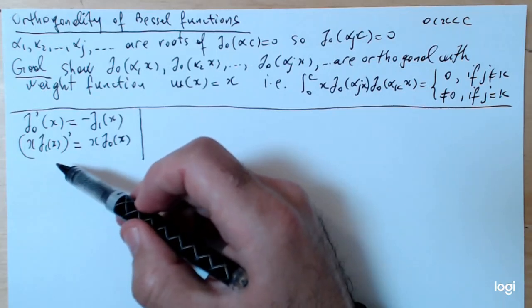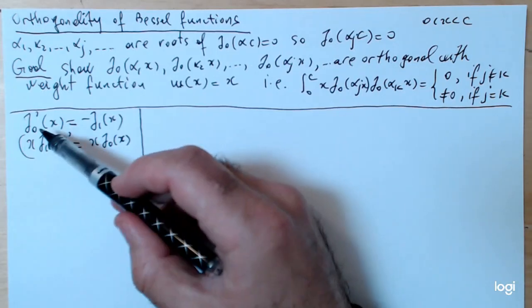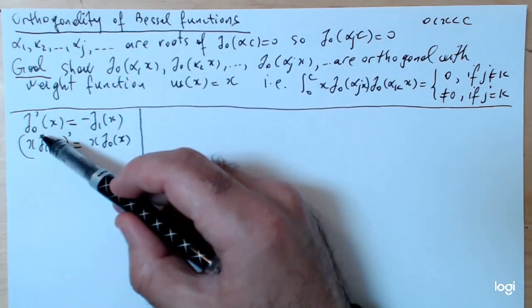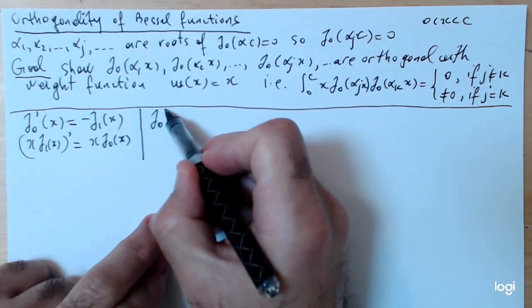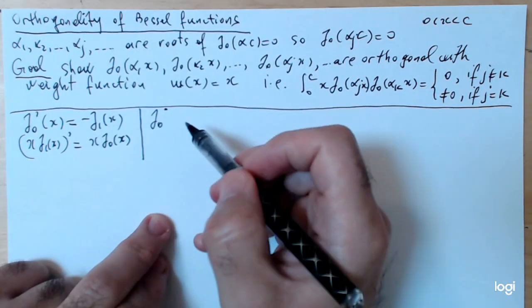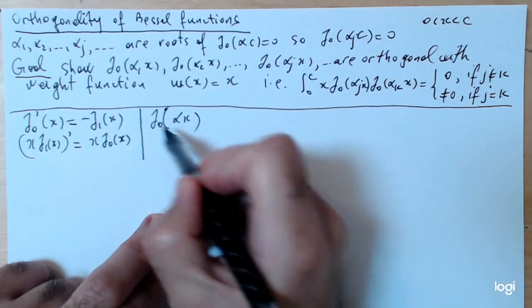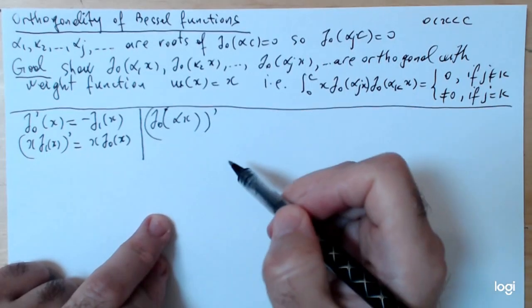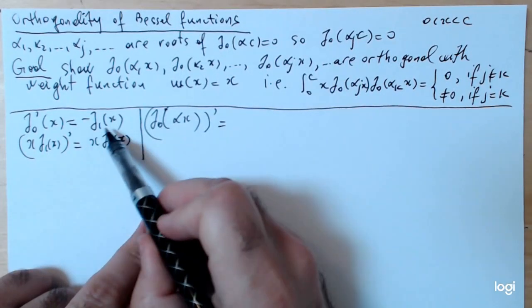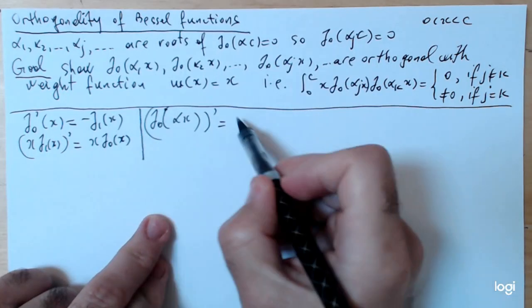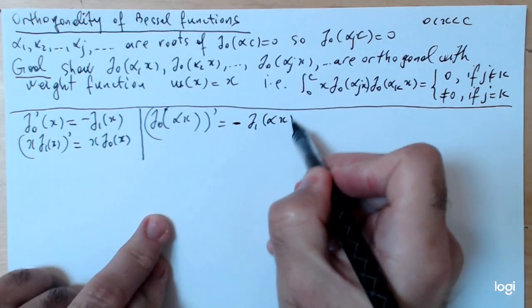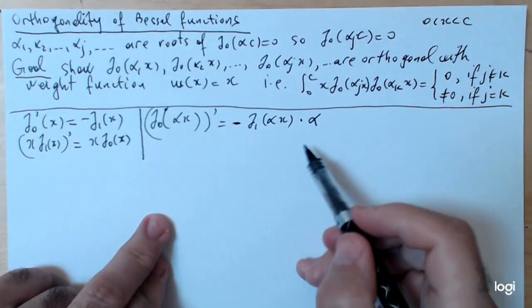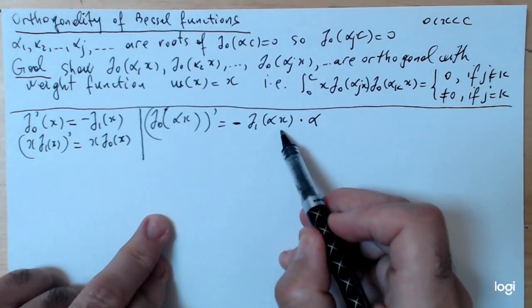So for example, instead of wanting to compute J0 prime of x, let's say you need to differentiate J0 of alpha x. You apply the same rule, so that means minus J1 of alpha x, but you follow up with the chain rule, meaning that you multiply by the derivative of the inside, which is alpha.